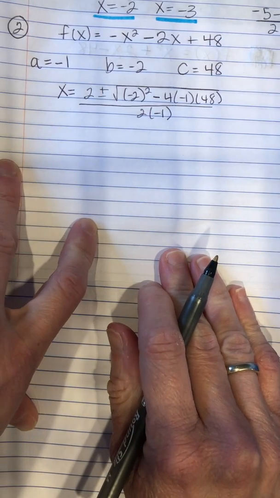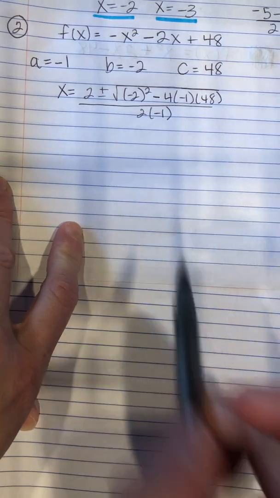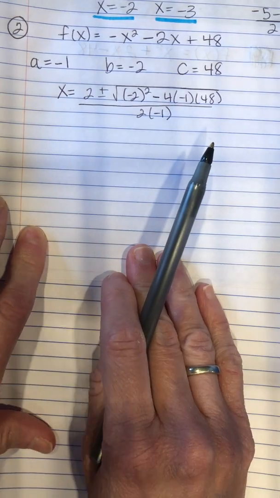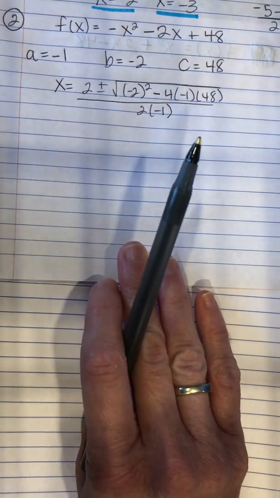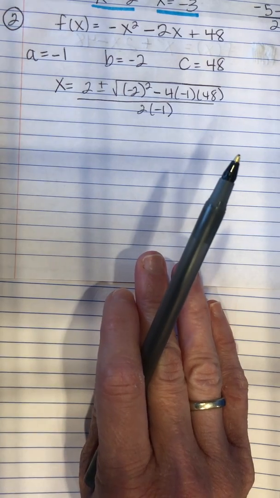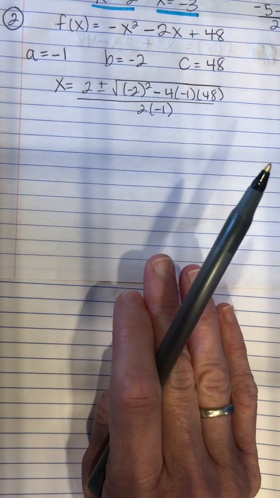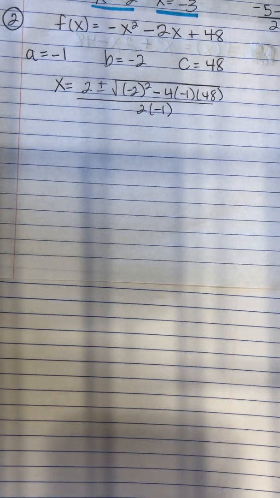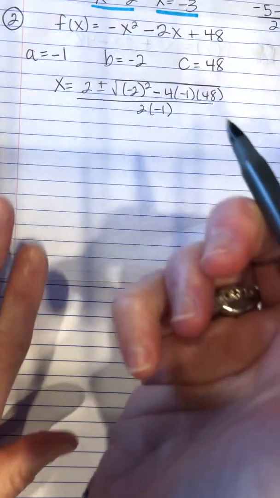Now, just like last time, I'm going to start by simplifying what I see going on inside my square root right here. So the first thing I'm going to do is take my negative 2 and square it. That will give me a positive 4. And then I'm going to take my 4, my negative 1, and my 48, and multiply them together as well.